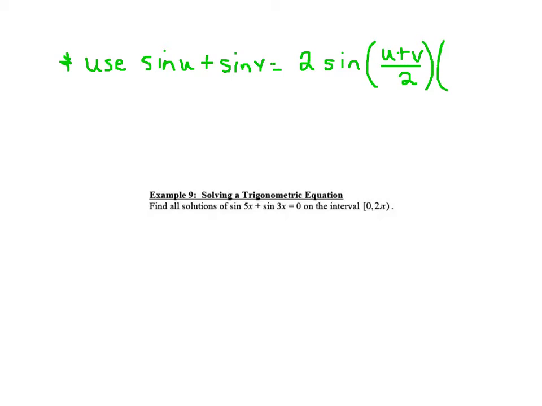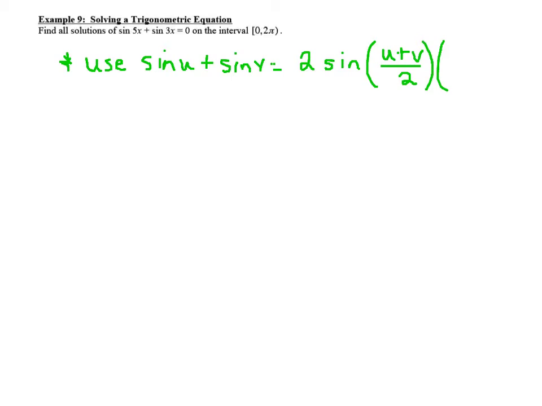Oh shoot, this is supposed to be a cosine of u minus v divided by 2.